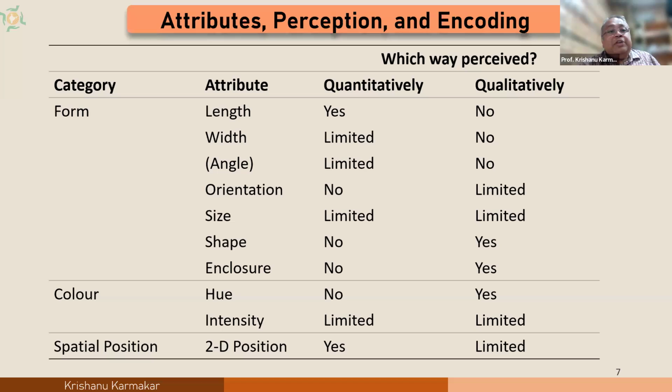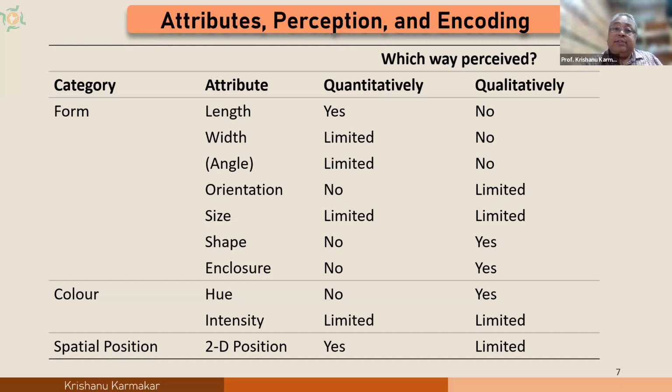Then any shape is oriented in a particular way. That is another attribute. Its size, its shape, and whether it is put inside any bounded region. These are the attributes. Now, you as creators of these diagrams will use these attributes to represent, that is to encode, numbers.